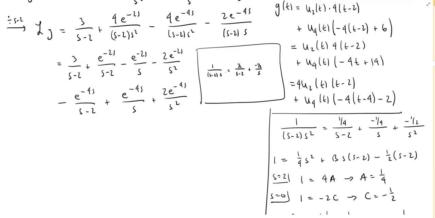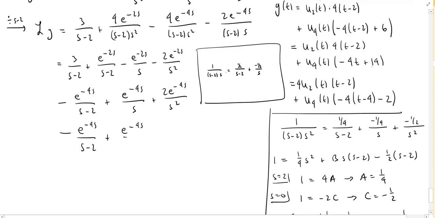So at this point, we can now multiply out this 2e to the -4s times this partial fraction decomposition we have. So first, it's really -2 times +1/2. That'll be -1, so minus e to the -4s over s minus 2. And then we have -2 times -1/2. That'll be +1. So plus e to the -4s over s.